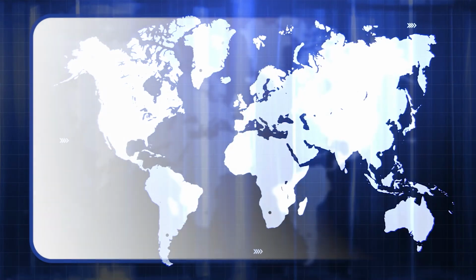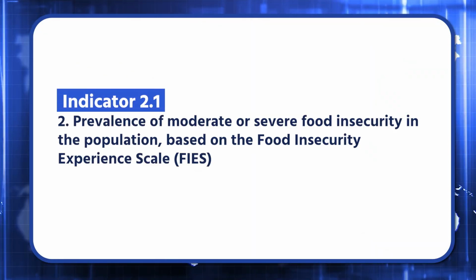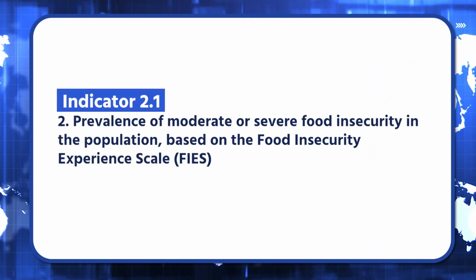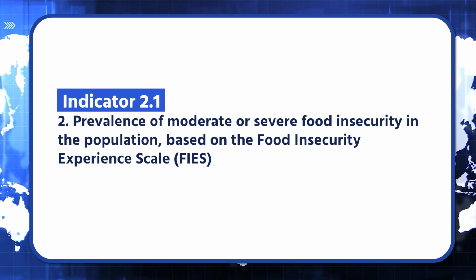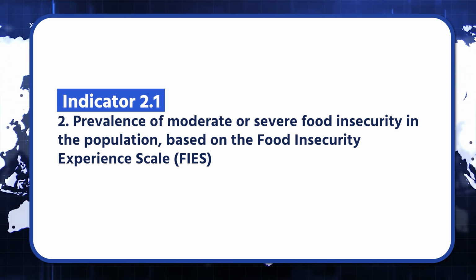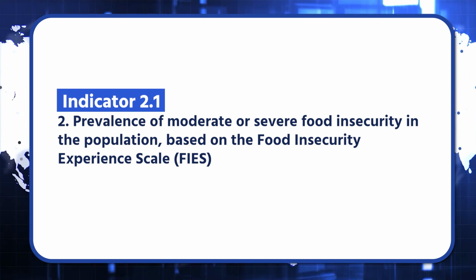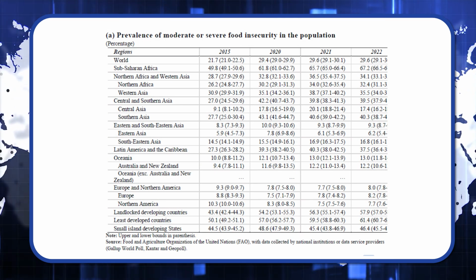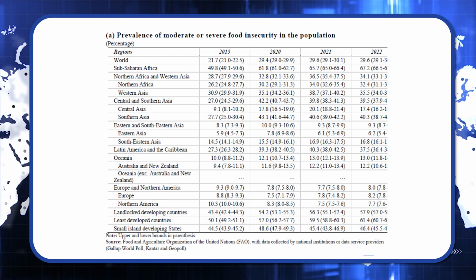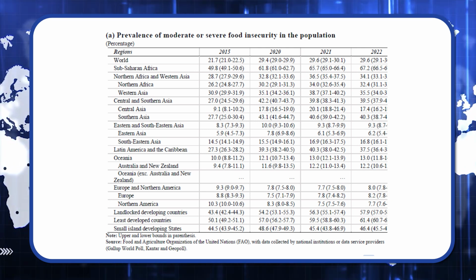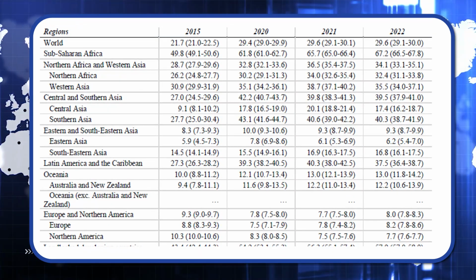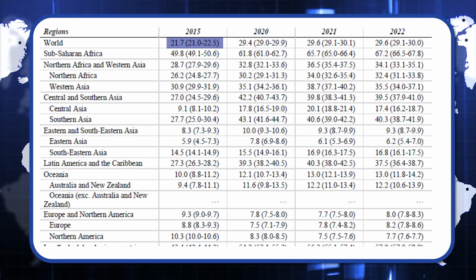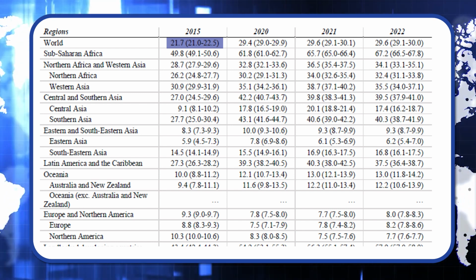Again, when we look into the prevalence of moderate or severe food insecurity in the population, based on the Food Insecurity Experience Scale, here in 2015 the percentage is around 21.7.